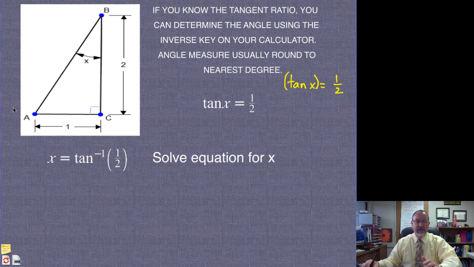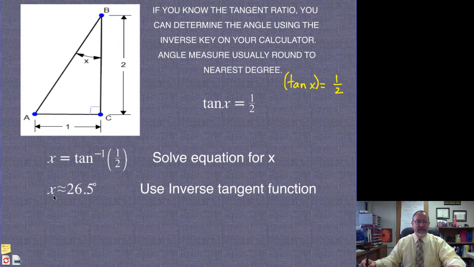Now to calculate this on my calculator, if you're using the TI-84, in the top left corner of the keyboard, not the very top, you'll notice a blue key that says second. If you select that key and then select the tangent key, this inverse tangent will come up on your screen, and then you can enter in the ratio 1/2. When I do that, I'll get x is equal to 26.5.